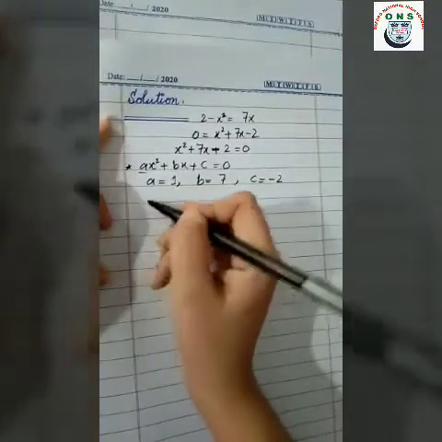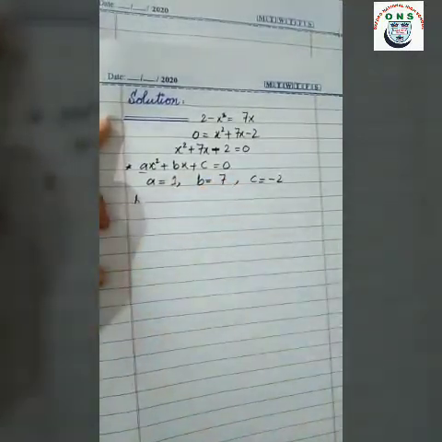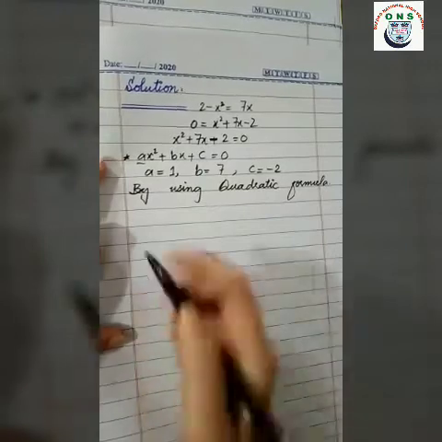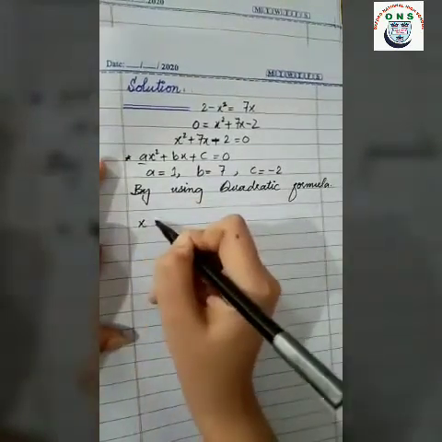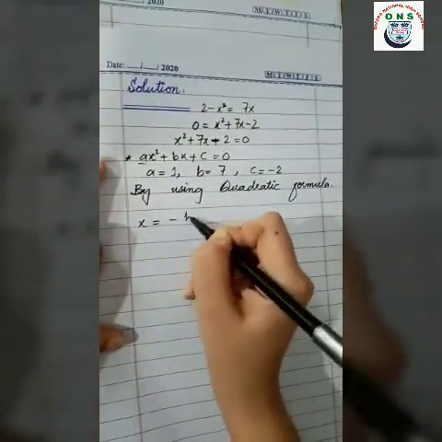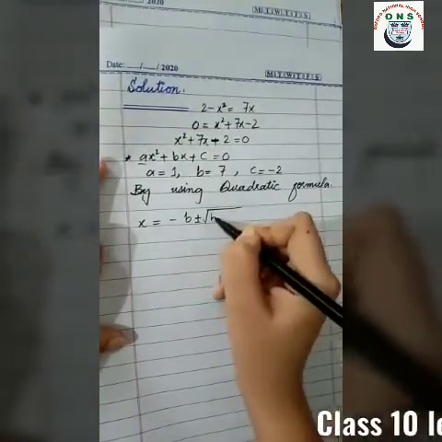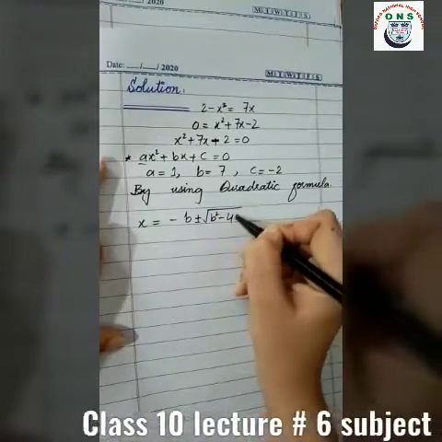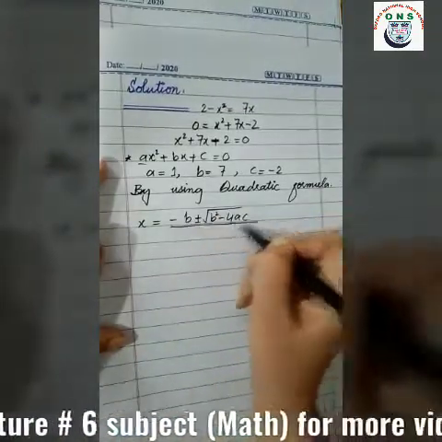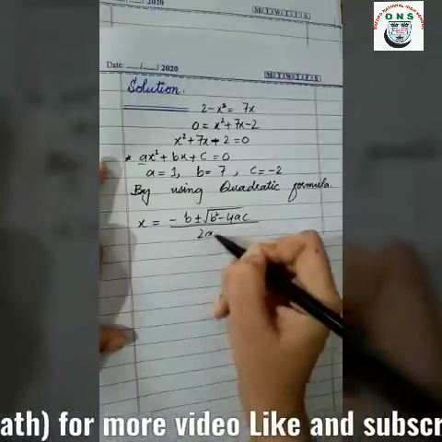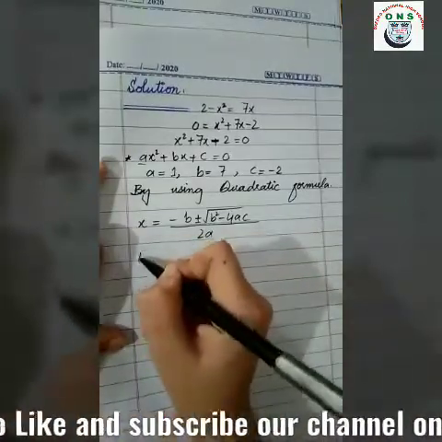You know students, the quadratic formula is x is equal to minus b plus minus square root of b square minus 4ac by 2a. So we will place the values.